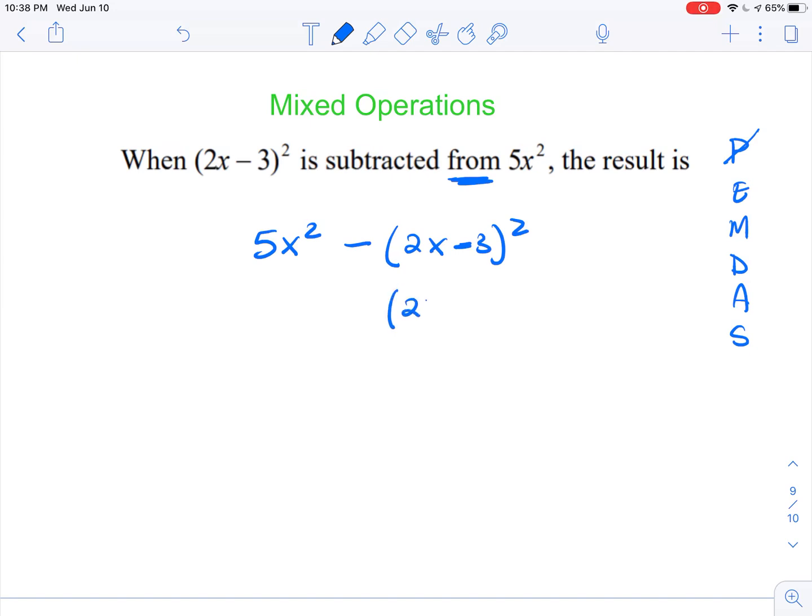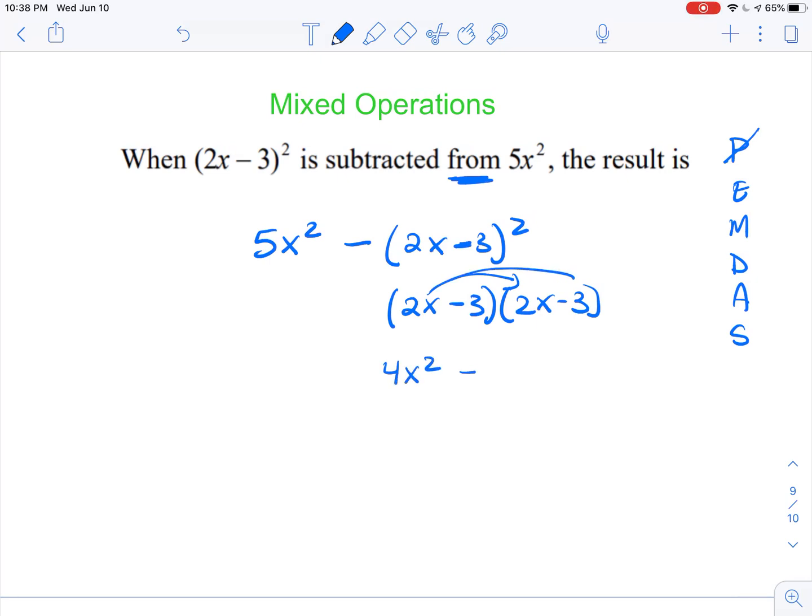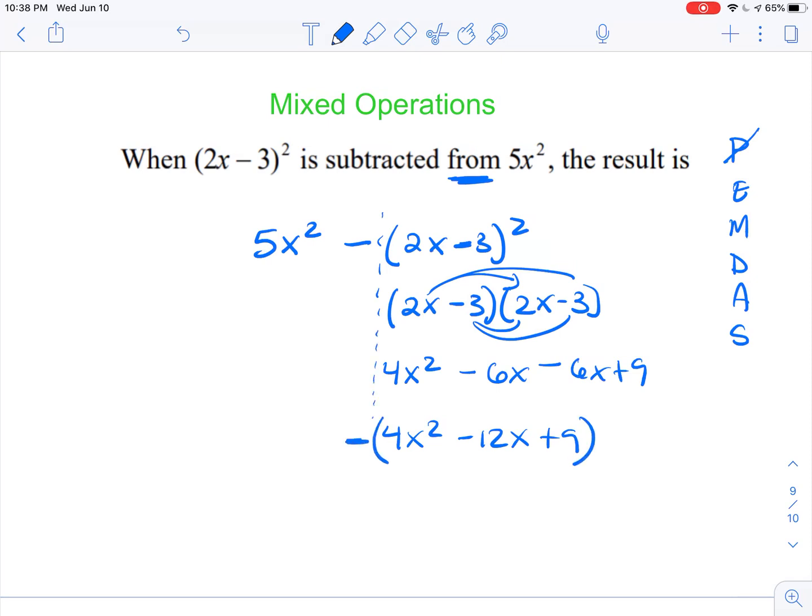So remember, squared cannot be distributed when there is a minus sign. So this is really saying 2x minus 3 times 2x minus 3, which needs to be either FOILed or box method. So I'm going to FOIL it and get 4x squared minus 6x minus 6x plus 9, and combine my like terms, 4x squared minus 12x plus 9.